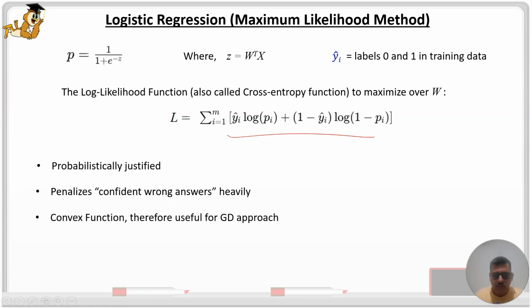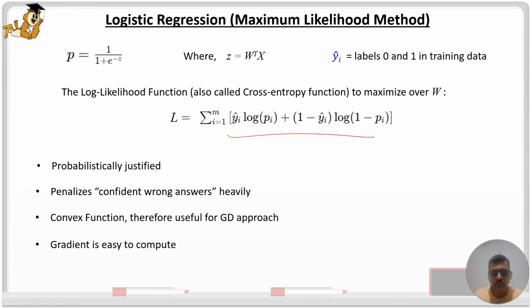It's a convex function and therefore useful for the gradient descent approach. Remember, in the gradient descent approach, we want to be assured that the minima that we find is the global minima, or the maxima that we find is the global maxima, and that is true for this choice of functions. And finally, the gradient is easy to compute.